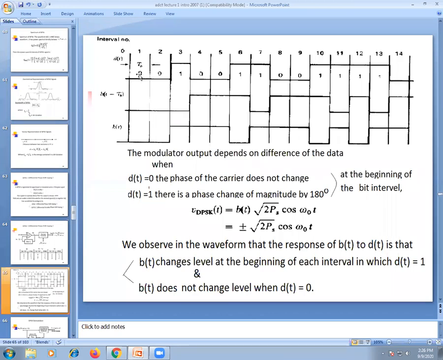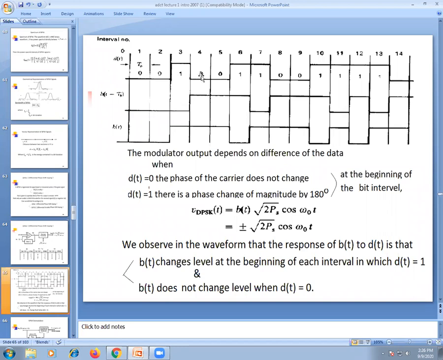What is the input? 1, 0. So the delayed bit is 0, input 1 is 0. 0, 0, 0. 0, 1, 0. 1, 0, 1. This is 0.